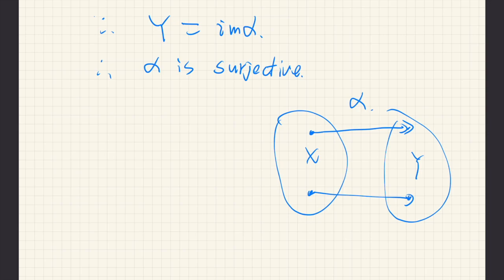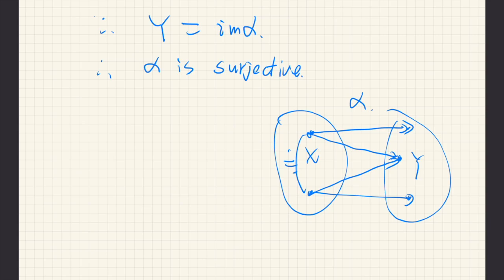In other words, if we have one element in y that apparently comes from two different elements in x, then these two elements are actually equal. They must be the same point. So that's a contrapositive of the previous statement.